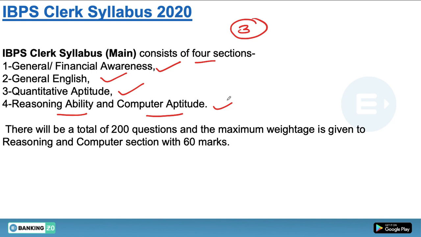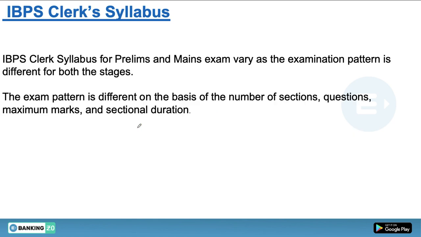Quite a few years back these two sections were different, but now they have combined them and the paper is formed together. There will be a total of 200 questions and the maximum weightage is given to the reasoning and computer section with 60 marks. As I told you, we are going to have a detailed discussion on it. So let's have a detailed discussion on the clerk's syllabus.